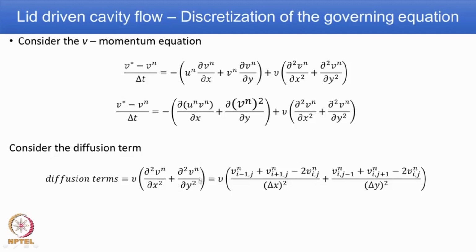Now, the second term is for the second derivative in the y direction, which is evaluated again using the central differencing scheme. So, V at I comma j minus 1, V at I comma j plus 1, minus 2 times V at I comma j, evaluated at the nth level, divided by delta y squared.